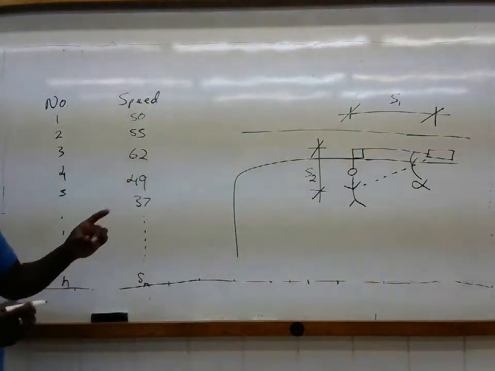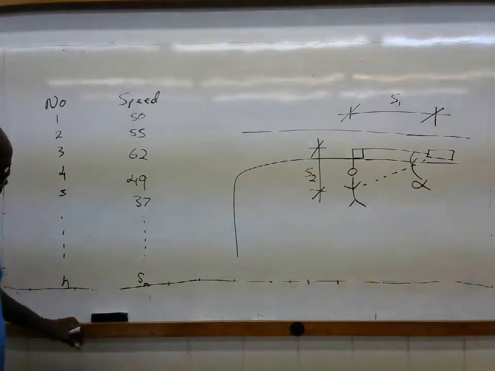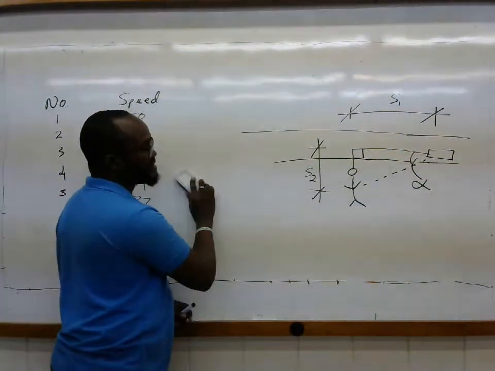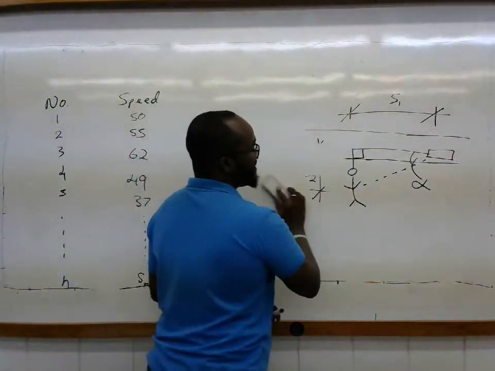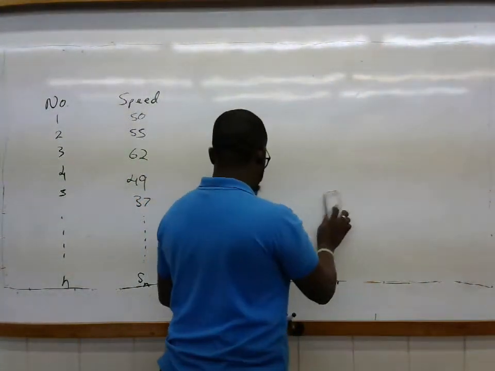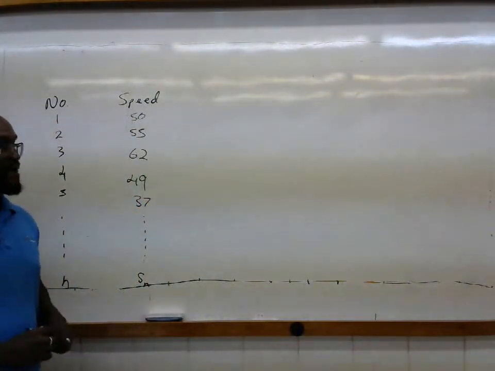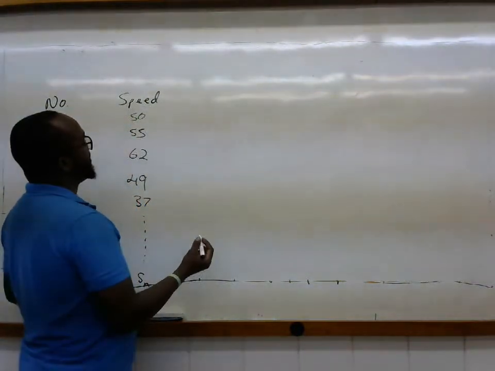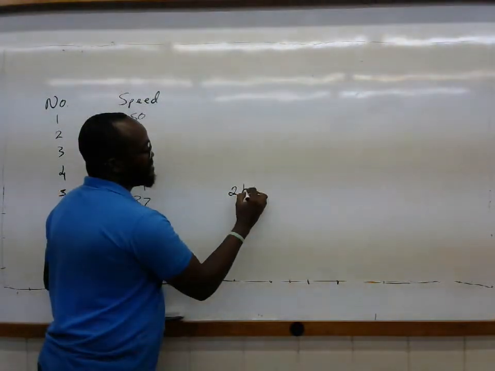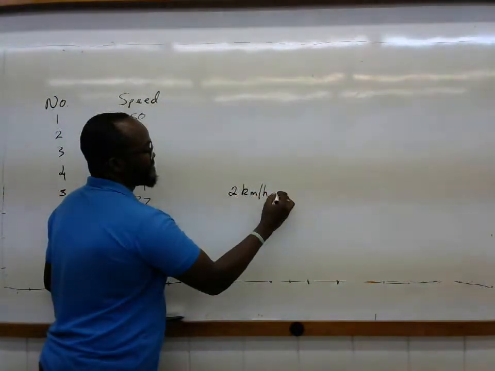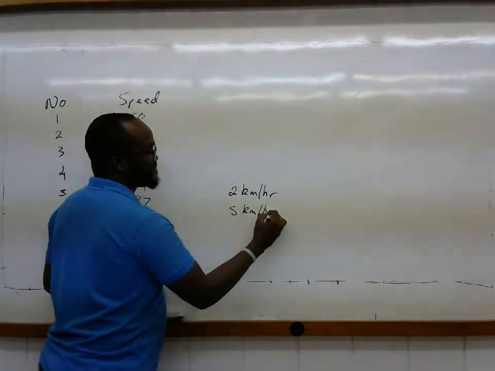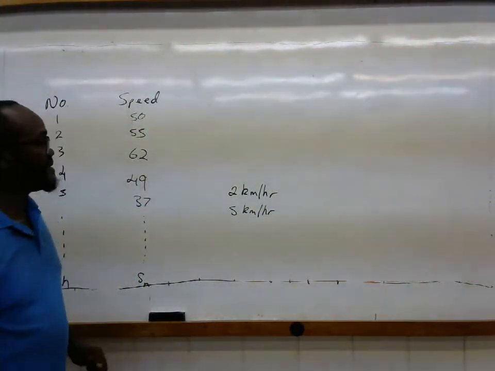Once we have all of our data, the next step is to actually arrange the speed observations into bins or speed bins. So for example, depending on the spread of the data, we may decide to put the speeds into 2 km/h bins, 5 km/h bins, etc. as the case may be.